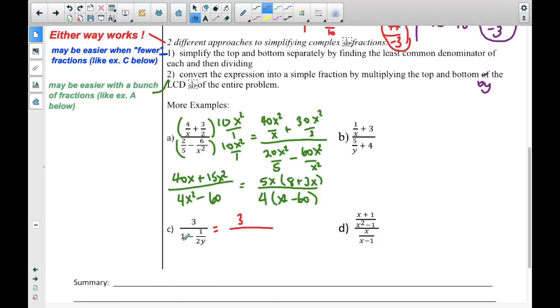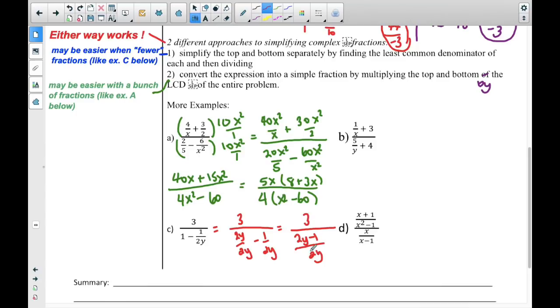It's kind of tricky because that's a 1, but this is a 2y. So we need a 2y in the denominator. So 2y over 2y is the same as 1. And then if I go ahead and combine here, I'm going to get 3 over 2y minus 1 all over 2y.